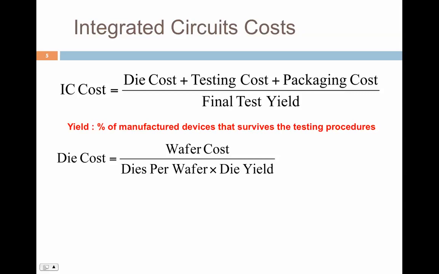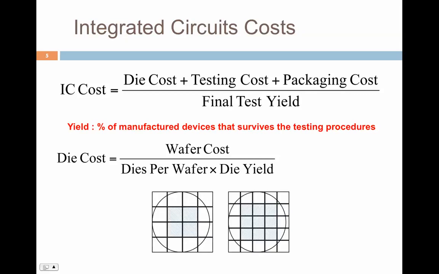Now, the standard way of looking at this is a figure like this. If you see the two view graphs here, on the left you have one which has a wafer. You can consider this to be a wafer, and this is the actual wafer design that you get. The ones in the center are the working dies, right?